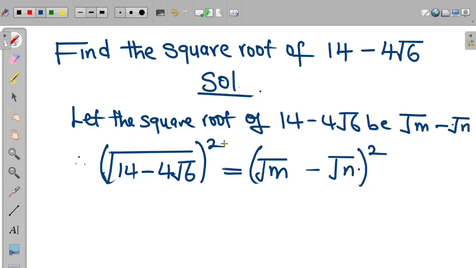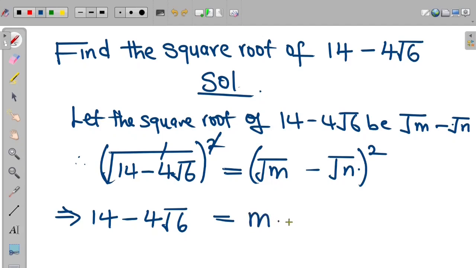So therefore, we have that square will take out root. So at the left-hand side, we have 14 minus 4 root 6. Also, at the right-hand side, we have m minus 2 multiplied by root m n plus n. When you expand this bracket, you are going to obtain this expression here.